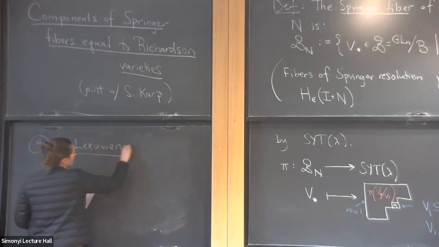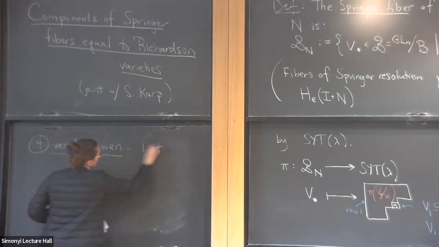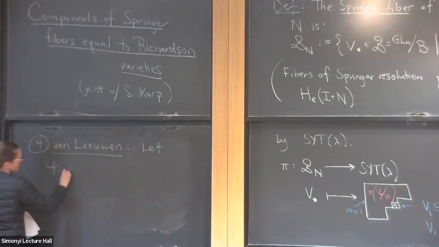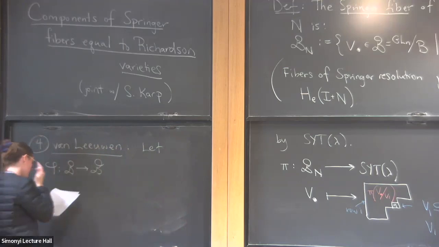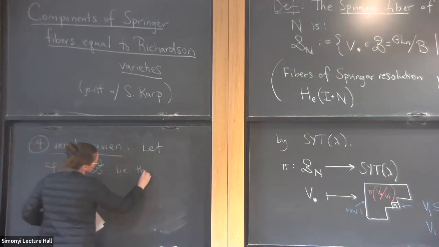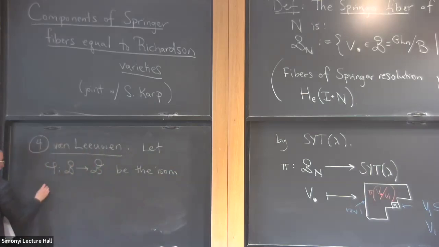So one other, I think, cool result about these Springer fibers is if we let phi from flag variety to flag variety be the isomorphism given by taking the dual flag.